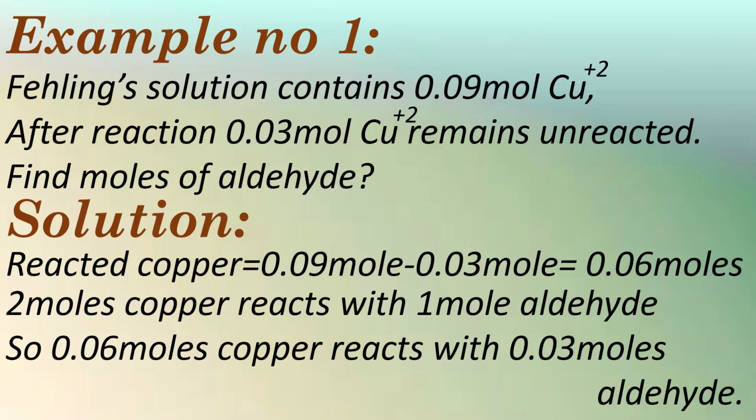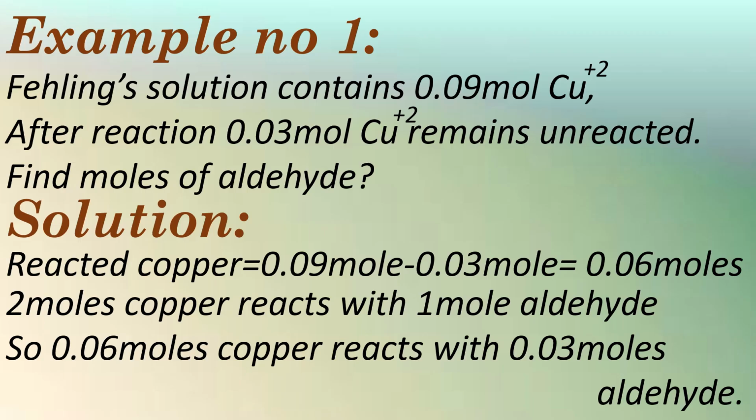Solution. So reacted copper is equal to total copper minus unreacted copper. 0.09 mole minus 0.03 mole, we will subtract unreacted copper from total copper to get reacted copper, that is 0.06 moles. So this is reacted copper.